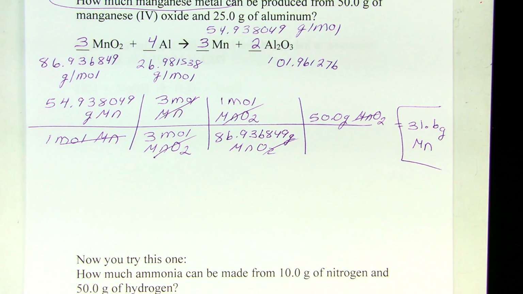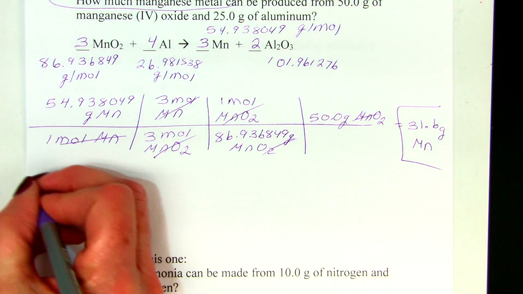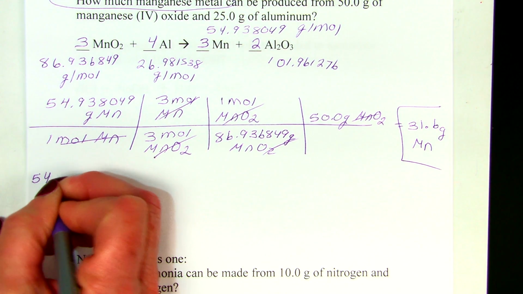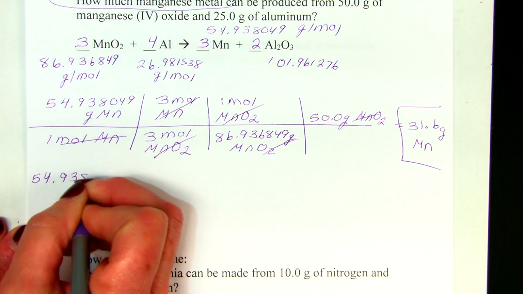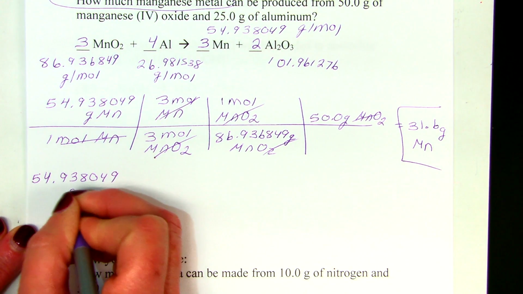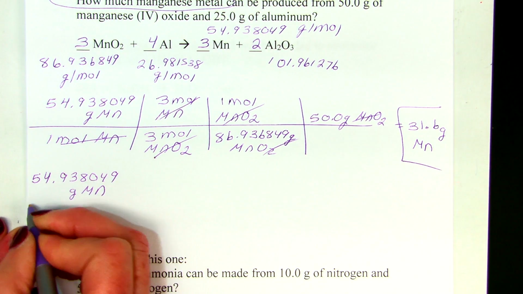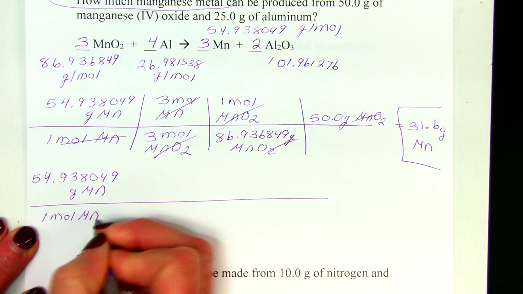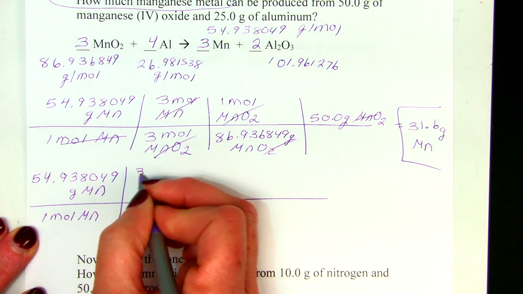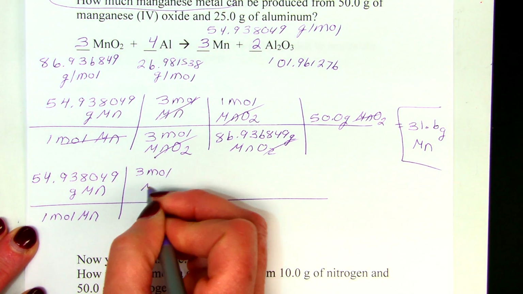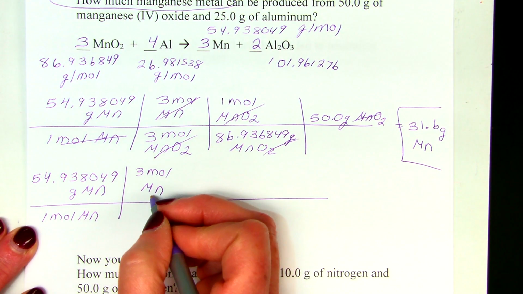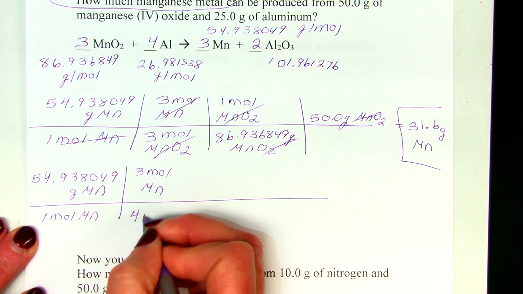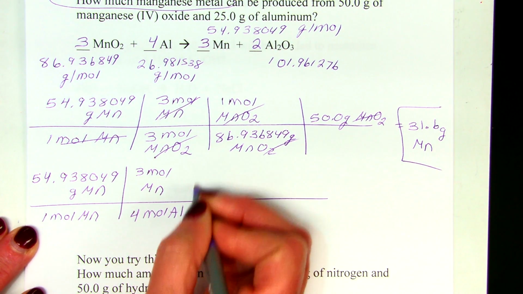The next calculation is to figure out how much manganese I can make if I use up all my aluminum. So I start the same way with the unit I want. 54.938049 grams of manganese is 1 mole. From my balanced equation, 3 moles of manganese, but now I'm comparing it to the aluminum, gives me 4 moles of aluminum.